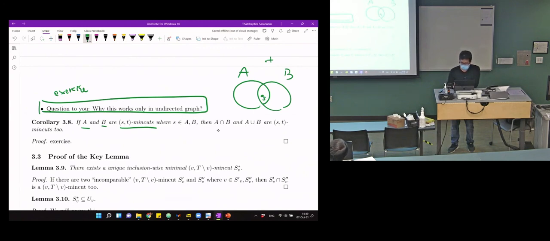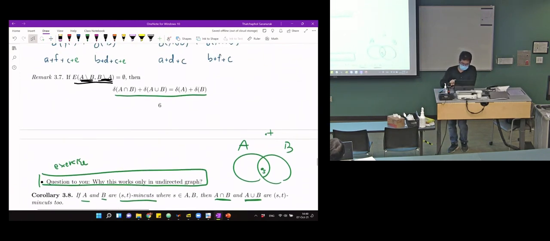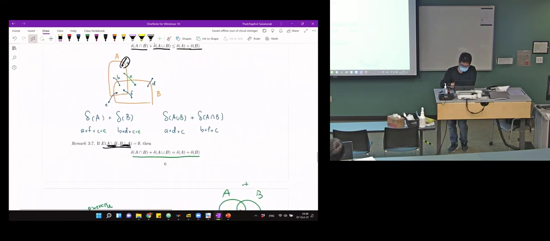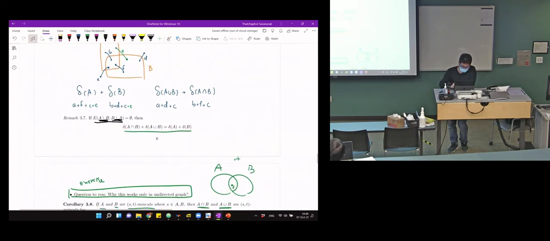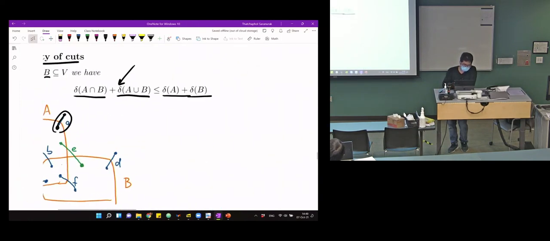Then do you see why both of them here must be min cuts too? Well, suppose that A and B are ST min cuts, right?